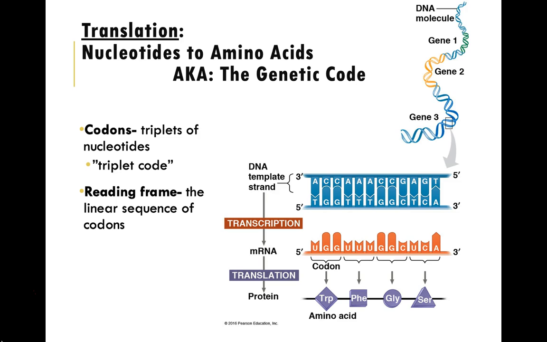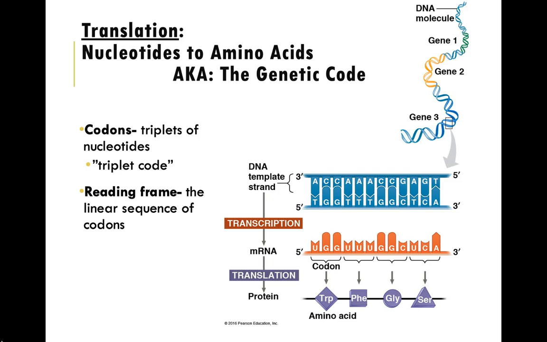During the process of translation, the messenger RNA is read in sets of 3. So every 3 nucleotides is called a codon, and this reading in sets of 3 is called the triplet code. So every 3 base pairs in your messenger RNA is going to code for one specific amino acid.